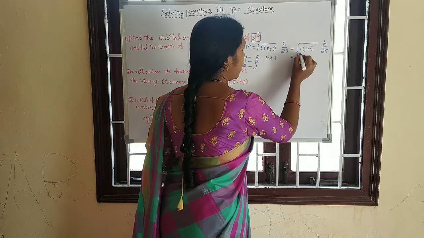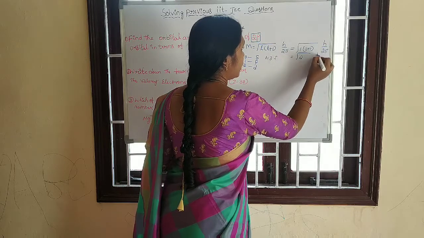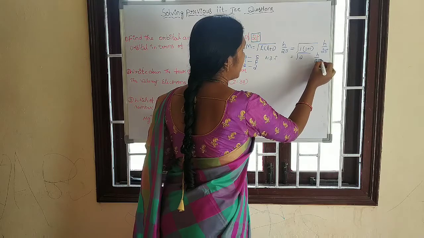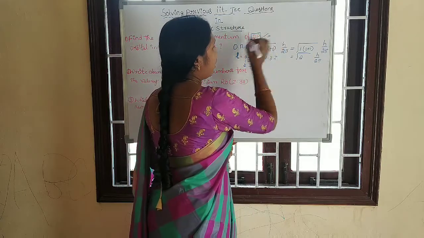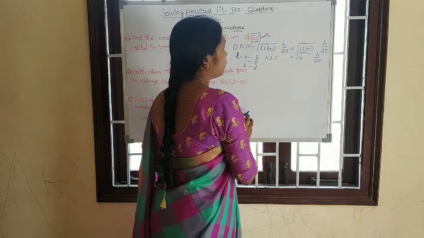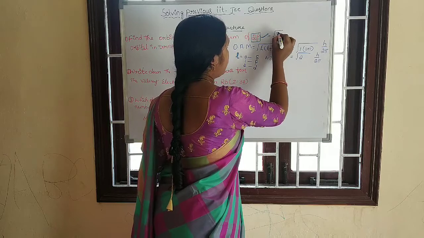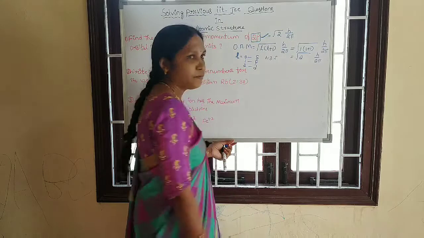Here, 1 into 1 plus 1 is 2, root 2 into h by 2 pi. So the orbital angular momentum of 2p is square root of 2 into h by 2 pi.